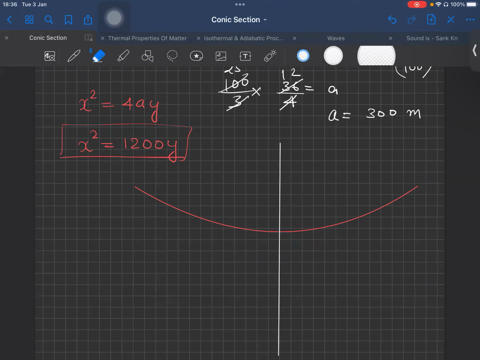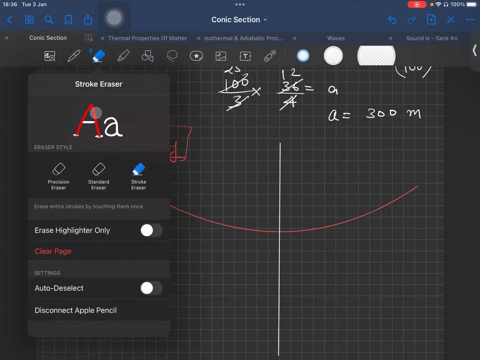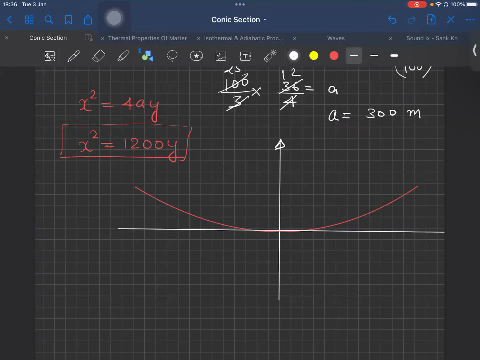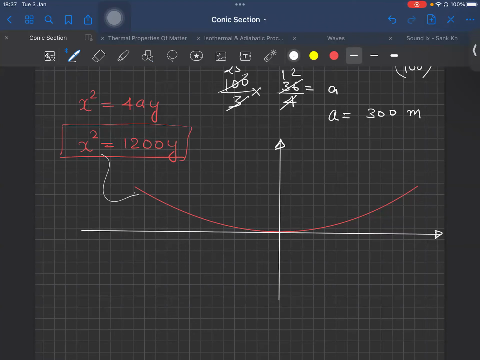It won't help for long. If you want to understand it for a longer period of time, try not to memorize. So this is the parabola that we have found, and this is its equation.